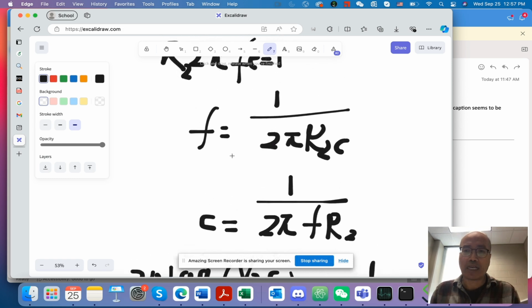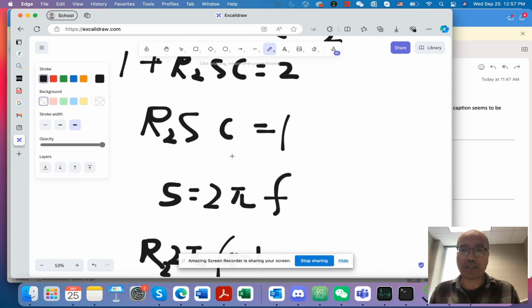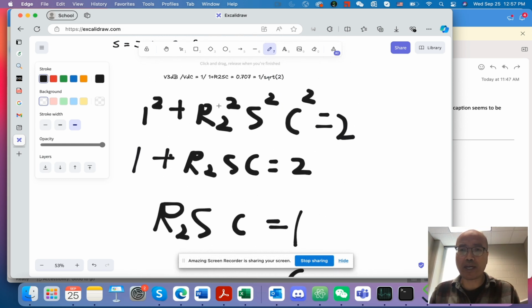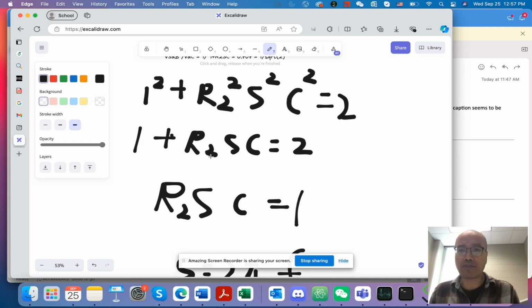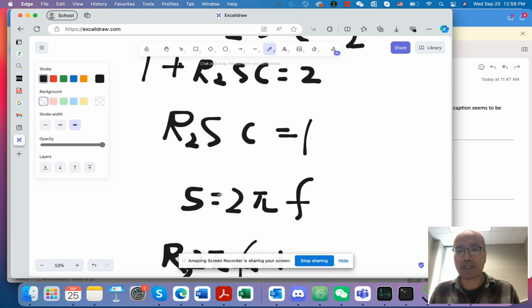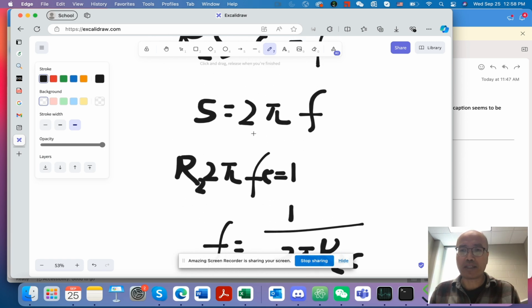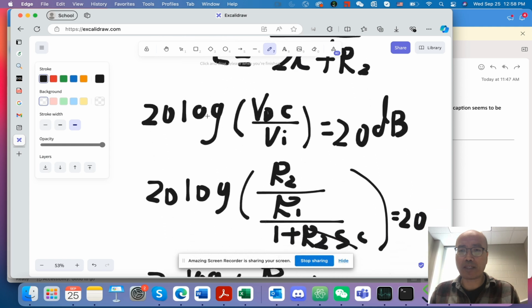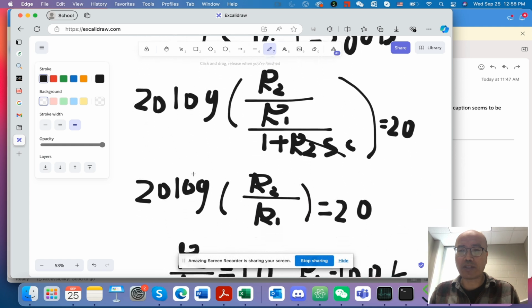In class, we also talked about using this formula for calculation as well. Plug f here, and you can use this formula to calculate. You know R2, you know S, you know C, so you can calculate this C here, okay? You know this 2 pi f, so you can calculate C. That's fine. Again, R2 is calculated based on the DC gain.